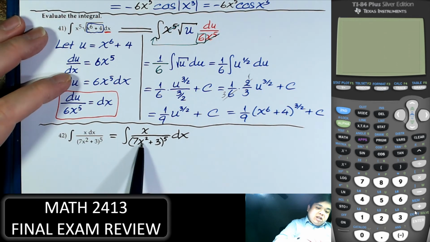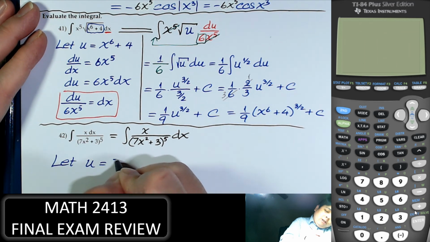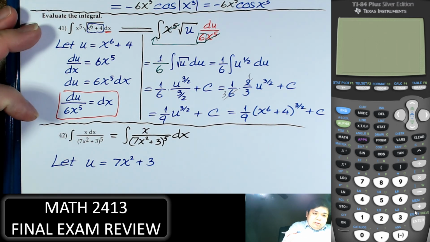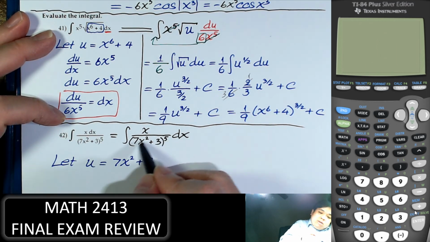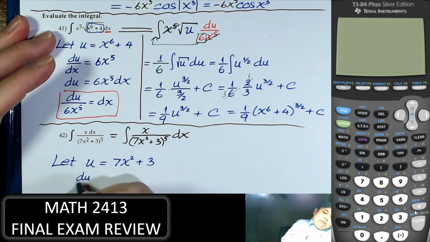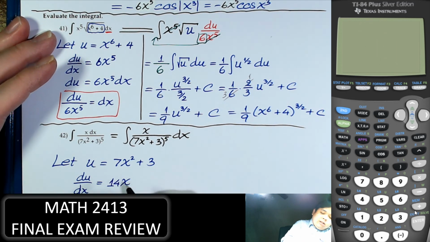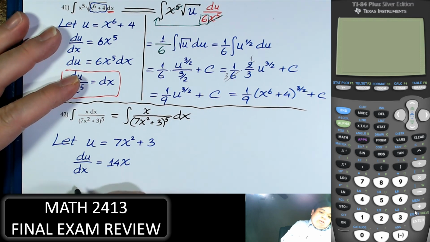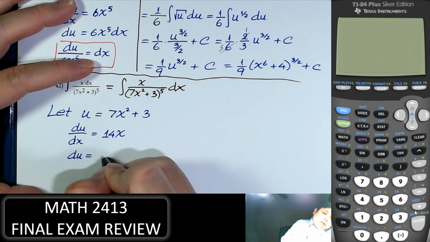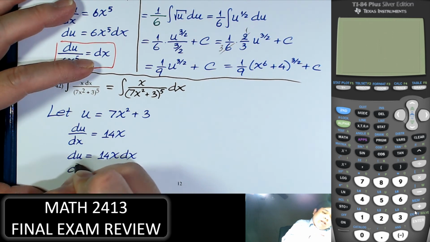Inside the parentheses, 7x squared plus 3. And then so we have the substitution. Now just need to solve for the dx. Just take the derivative, 14x, move the dx over, and divide by 14x.